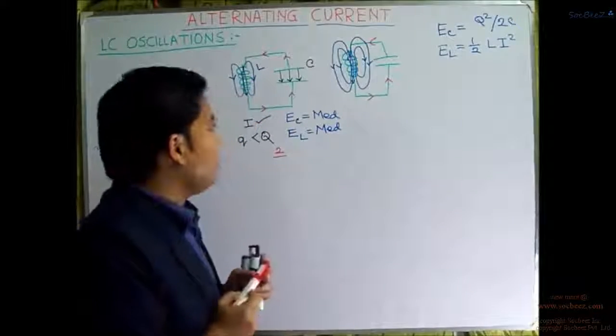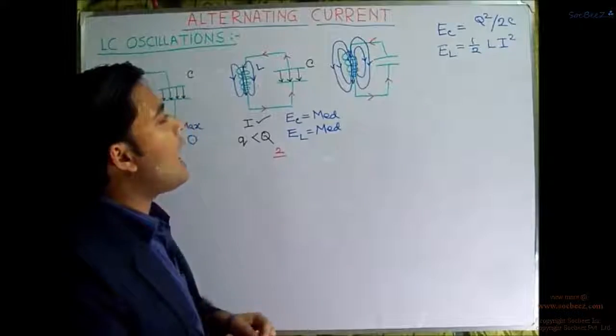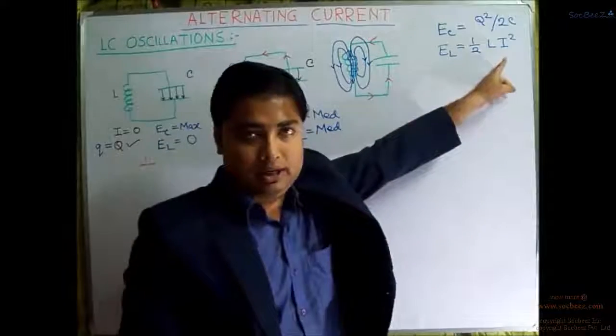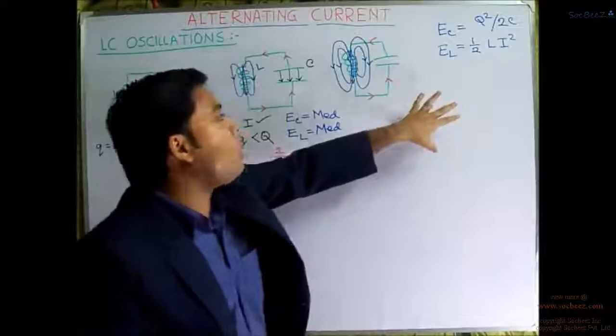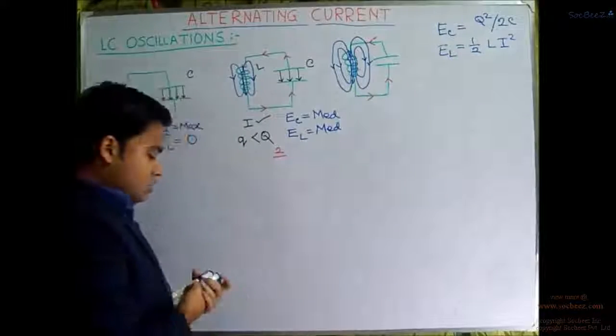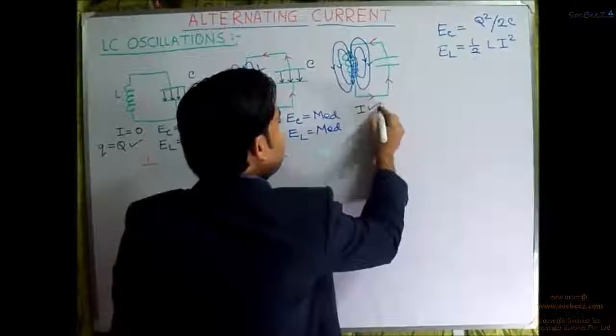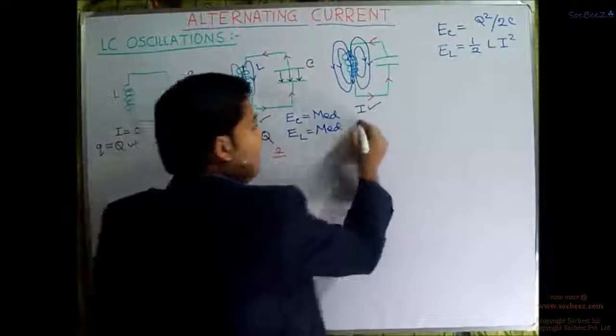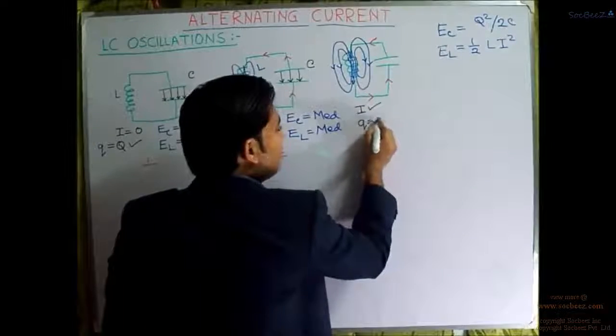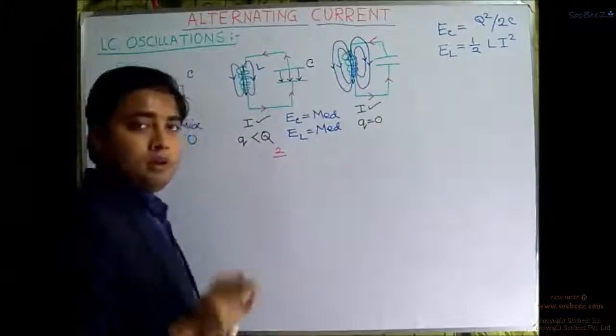In this scenario, observe carefully that I will certainly increase, and just because of that, I is present, but now Q is equal to 0.